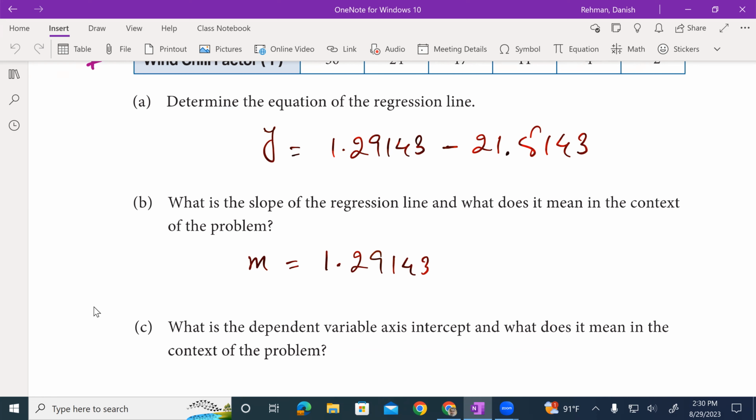Good. And so, what does it mean in the context of the problem? What do you think? What will I write over here? Now that's where I need your expert response. Tell me.